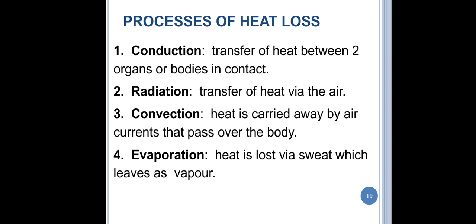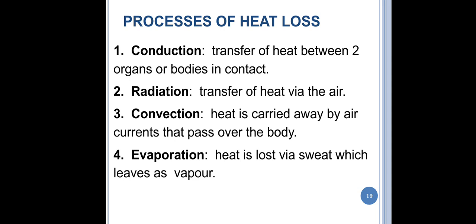Then you also find that there are processes of heat loss like conduction, radiation, convection, evaporation. These are simple things. Conduction is just heat loss due to contact, where maybe you are in contact with a hot substance or cold substance. Then radiation is just transfer of heat via the air.